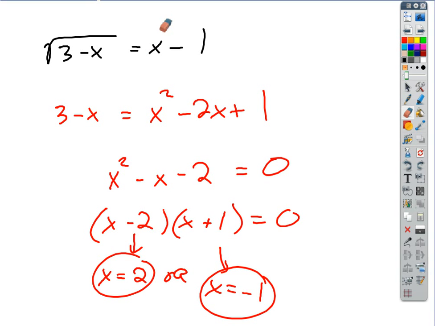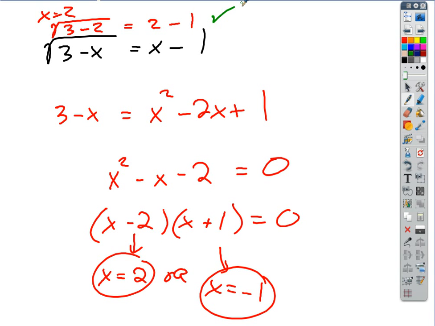Let's try x equals 2. That's going to give me the square root of 3 minus 2 equals 2 minus 1. Is that true? Yeah. Don't I just get 1? Square root of 1 is 1. 1 equals 1. Check. That works. So that one works.